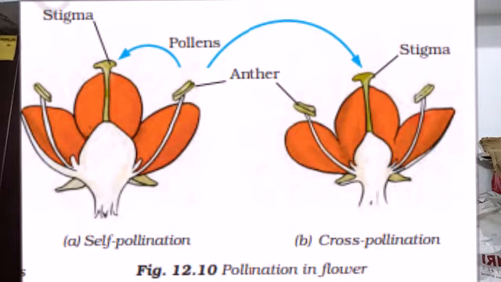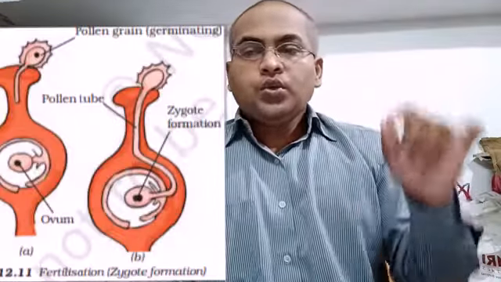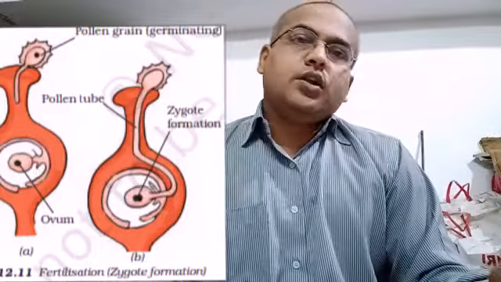Now the pollen lands on the stigma of a flower of the same kind. So here we have to understand that the transfer of pollen from the anther to the stigma of a flower is called pollination.